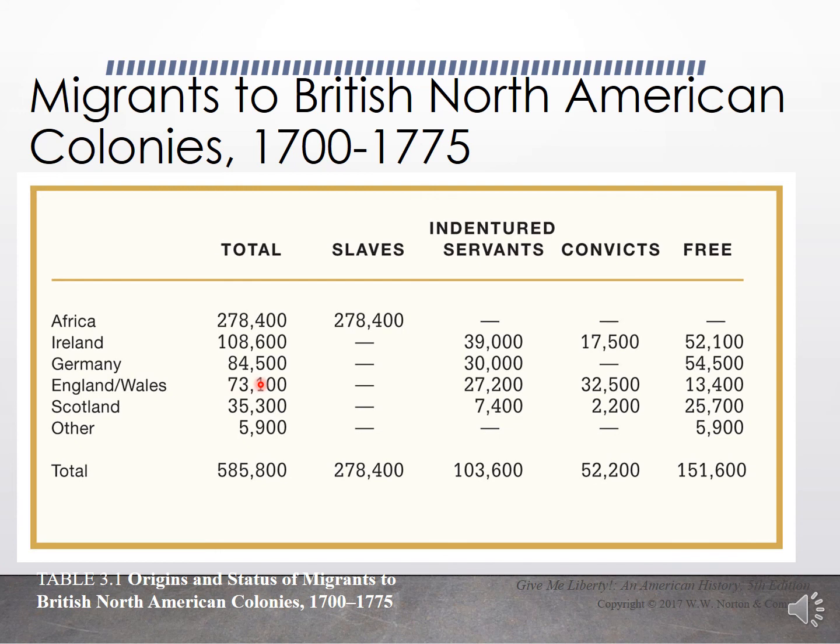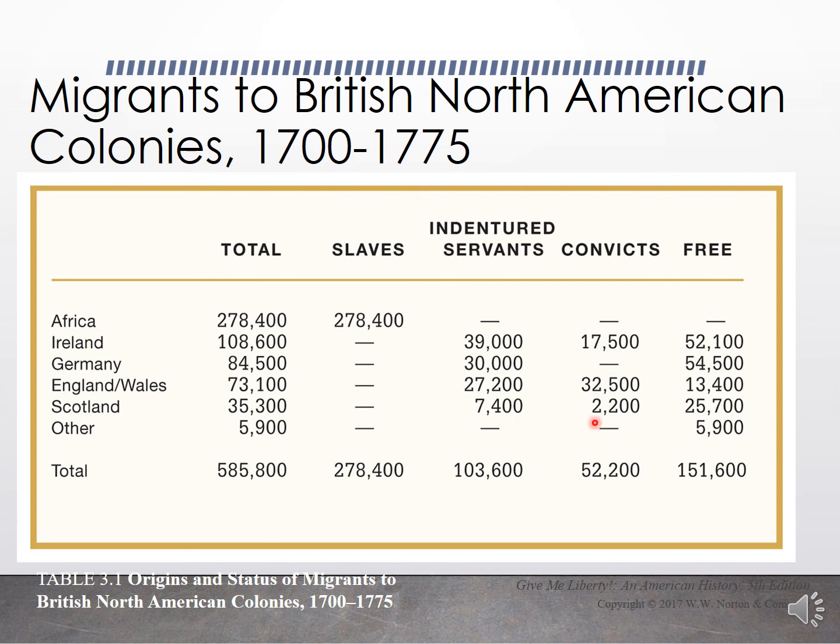Again, England and Wales, you'll still see quite a few indentured servants coming over, quite a few convicts from England and Wales, and then even less of the free group, right? And so England is sending their indentured servants and their convicts, but they're sending much less of their free population. And then other would have just been other parts of Europe, so probably places like Scandinavia.